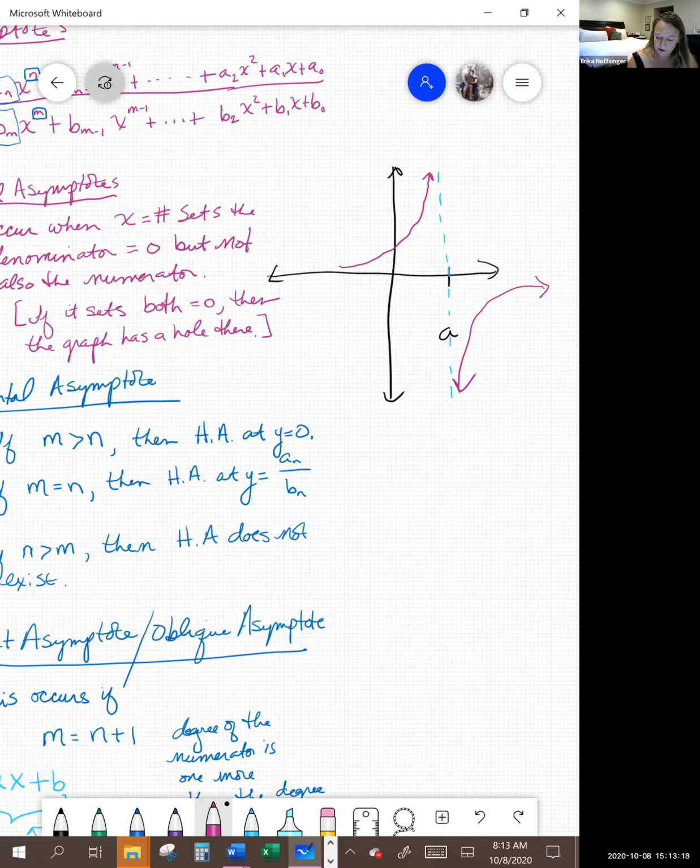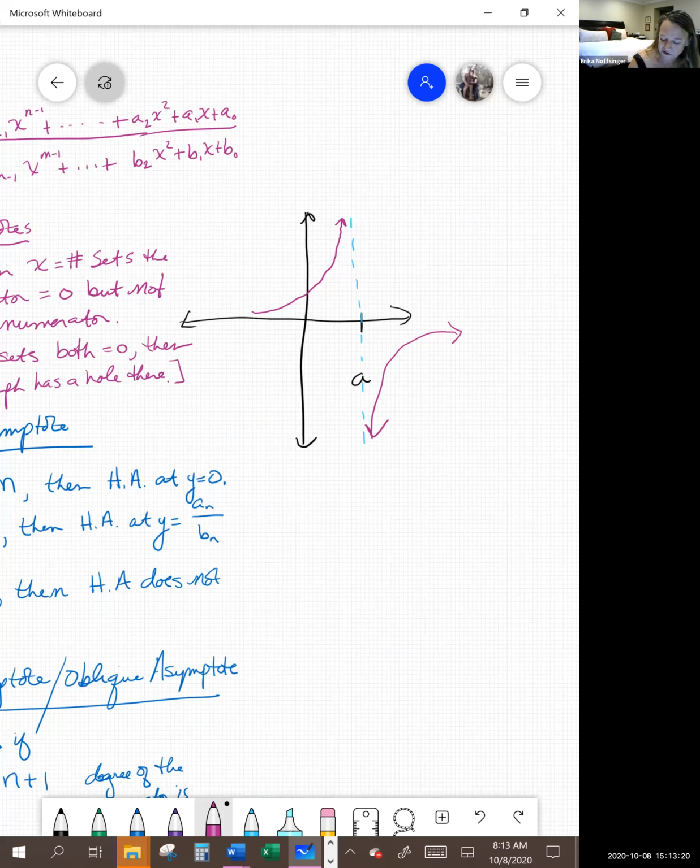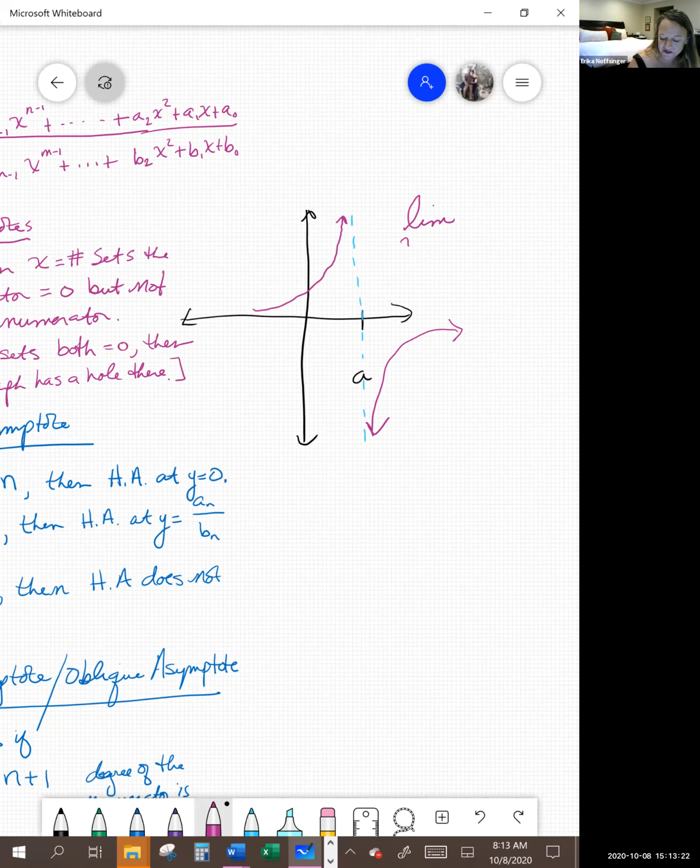How we wrote this, using what we did with the end behaviors: as x approaches a, as x gets closer and closer to a, our function y is equal to positive or negative infinity.